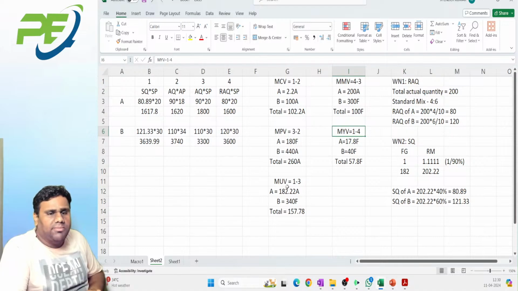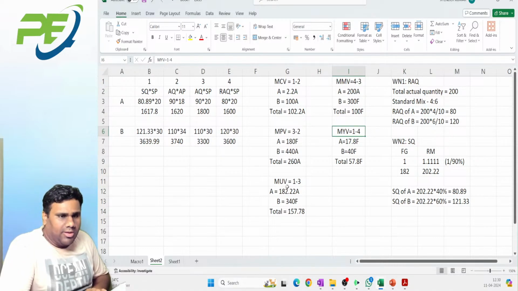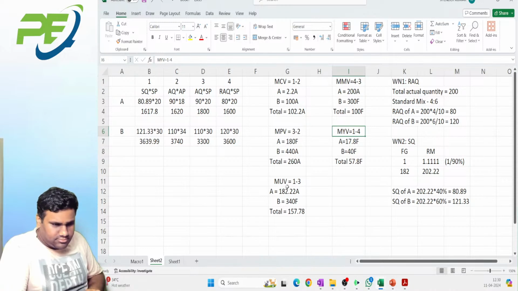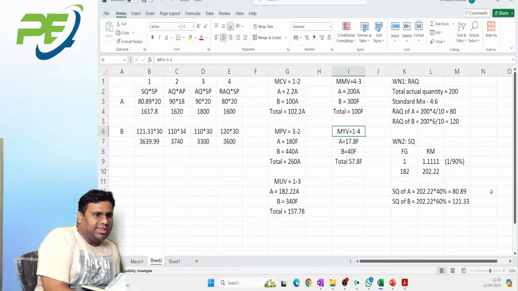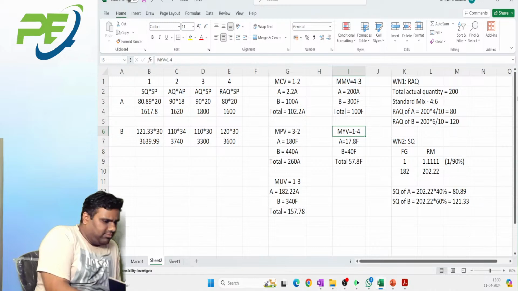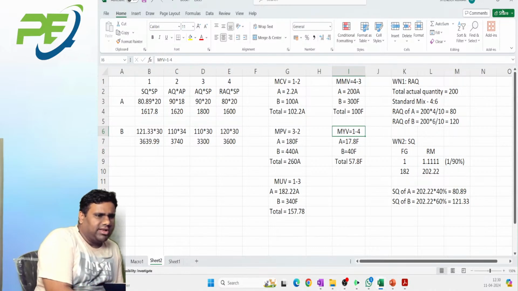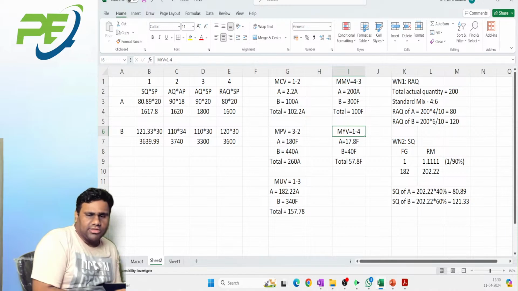Then next, point number D. Yield variance is column 1 minus column 4.